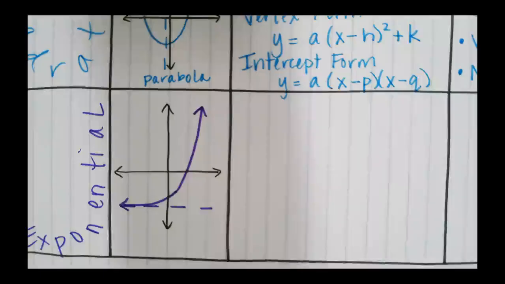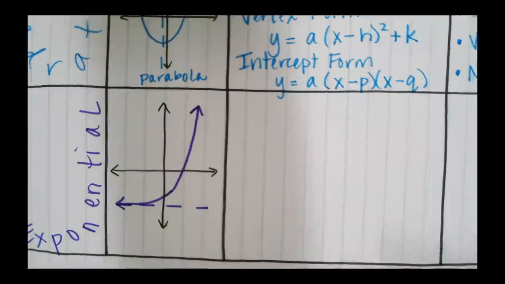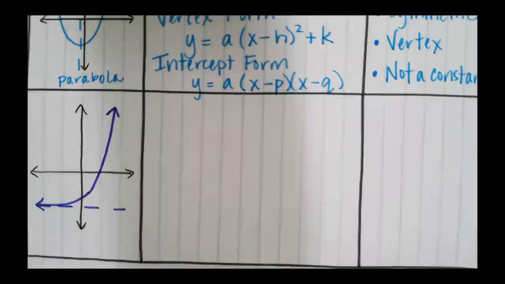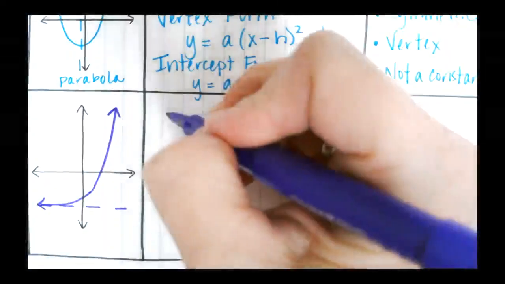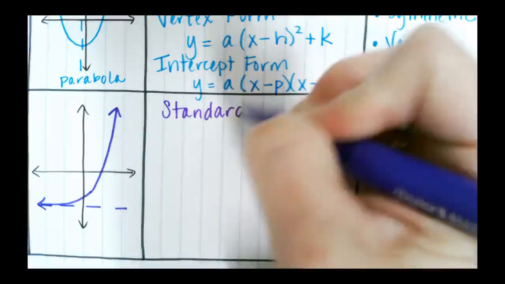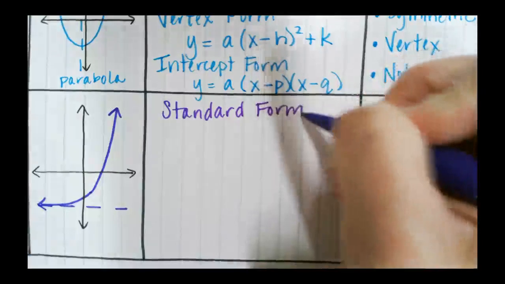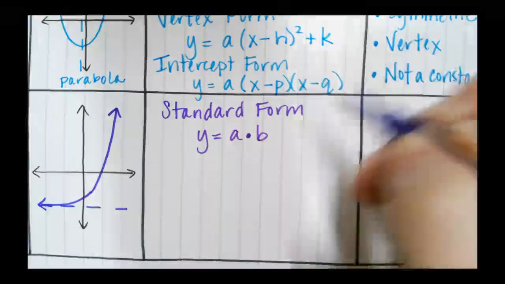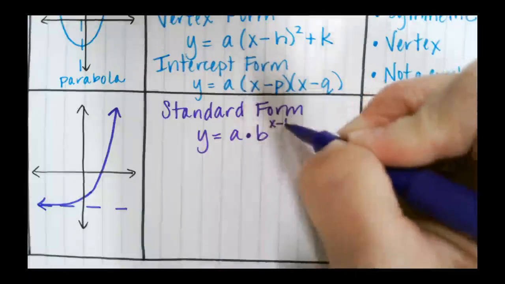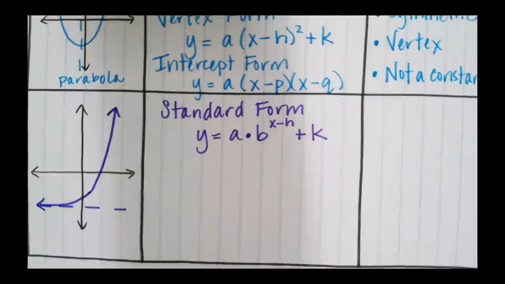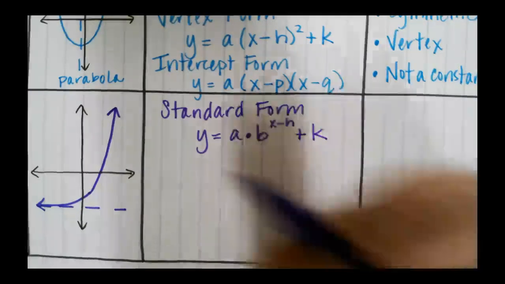I'm just sketching that one, something like that. Our most common exponential function, the standard form, would be our a times b to the x, where b is the base, and then it might be shifted right or left and up and down. So that's the standard form for that one.